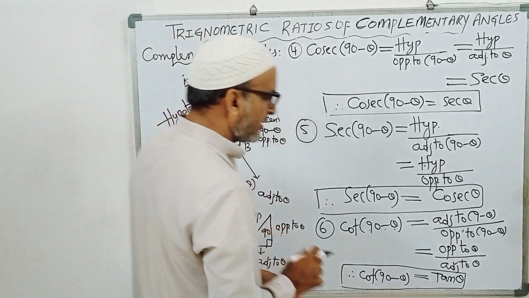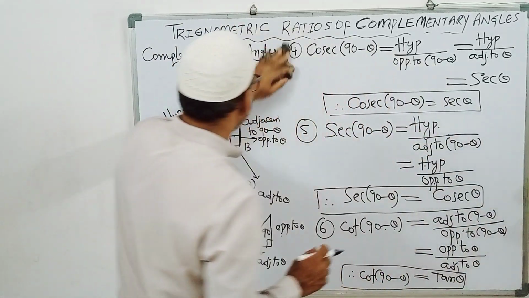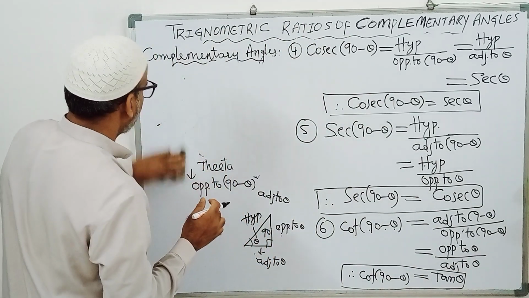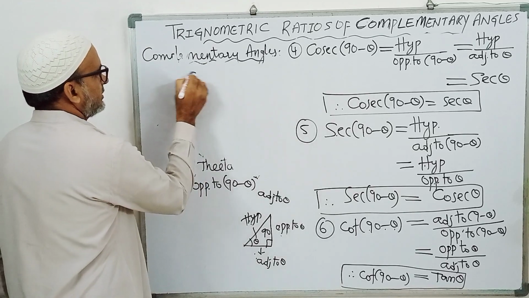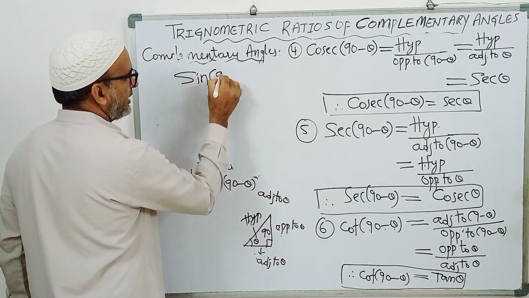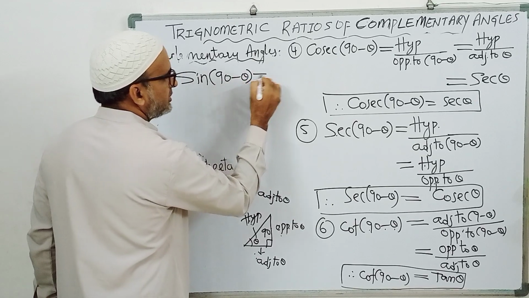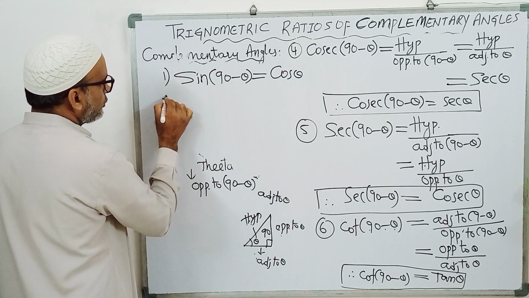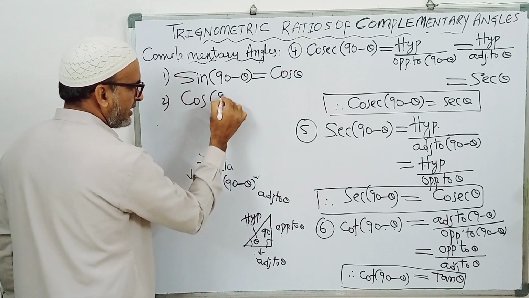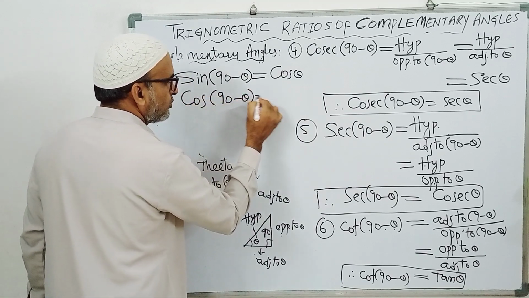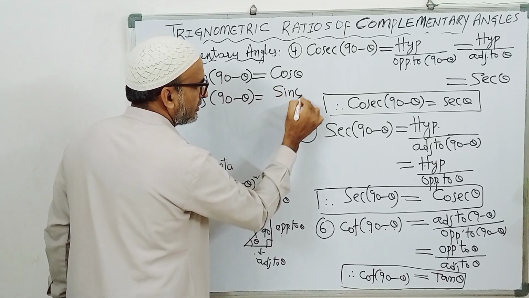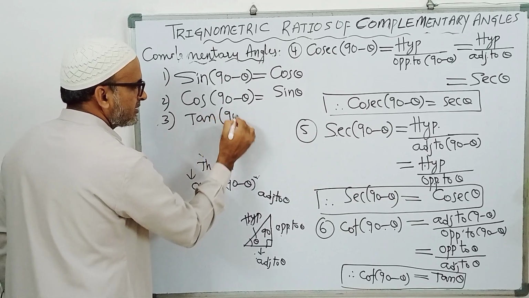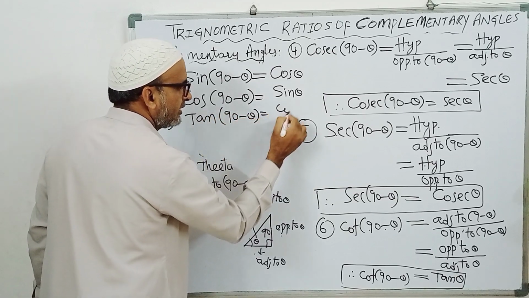Finally, what answers did you get here? Now I am writing them. First one, sine of 90 minus theta is equal to cos theta. Second one, cos of 90 minus theta is equal to sin theta. Number 3, tan of 90 minus theta is equal to cot theta.